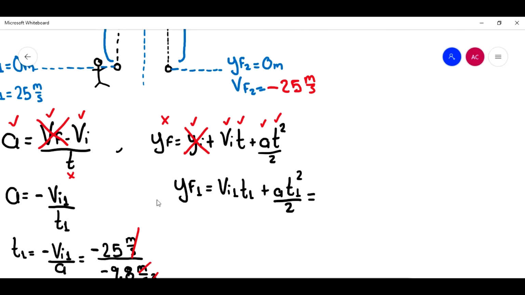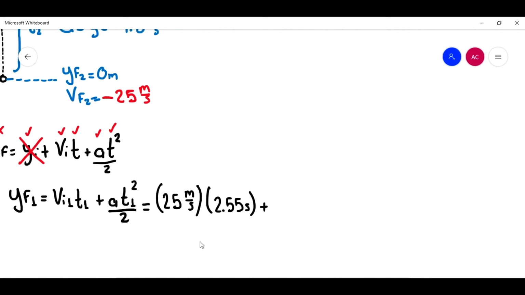Okay, so this is going to be 25 meters per second multiplied by 2.55 seconds plus negative 9.8 meters per second squared multiplied by the time, that is 2.55 seconds, squared over 2.